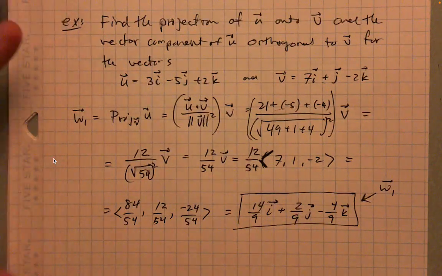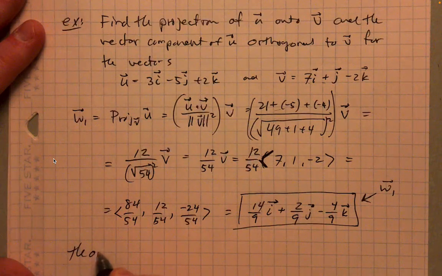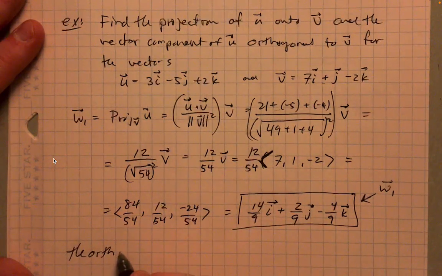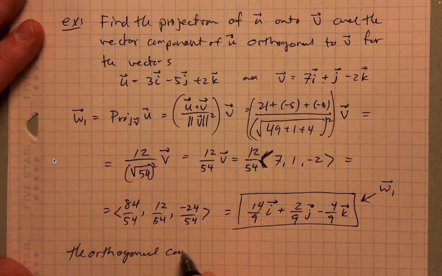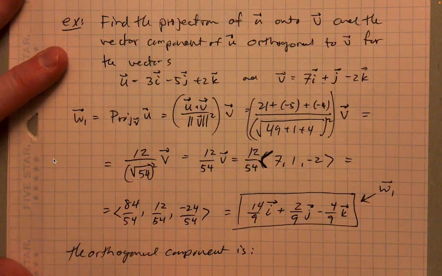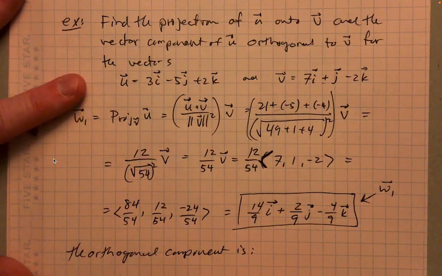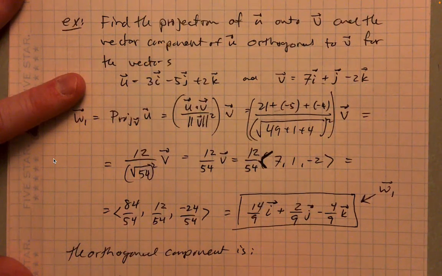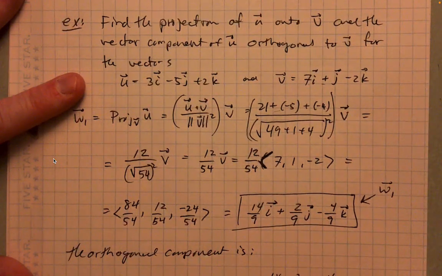And then the orthogonal component is w2 equals, how do we find it? We take u minus w1, right? So this is 3, negative 5, 2, minus 14 over 9, 2 over 9, negative 4 over 9.